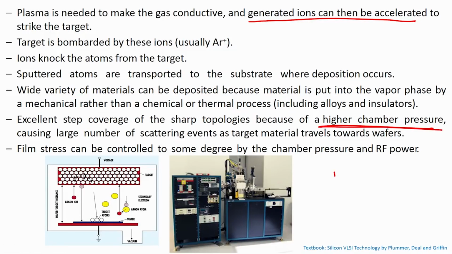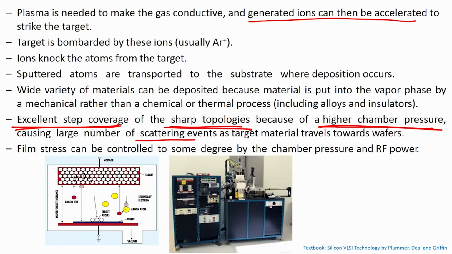Second, if very sharp topologies are laid out like this, and you want to coat this step like this, then sputtering is better compared to thermal evaporation or e-beam evaporation when you want excellent step coverage of the sharp topologies.